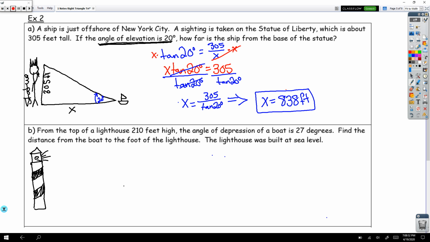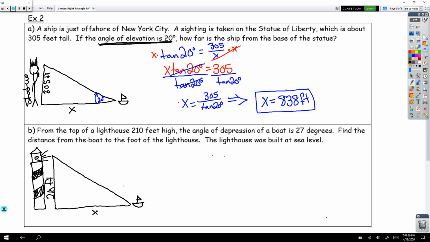All right. So the lighthouse, from the light down, stands 210 feet high. Okay, now it's asking us to find our x distance, and our boat is over here.